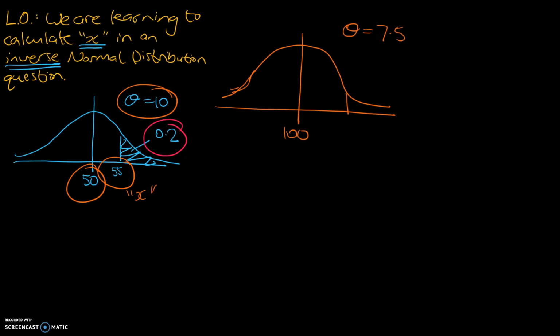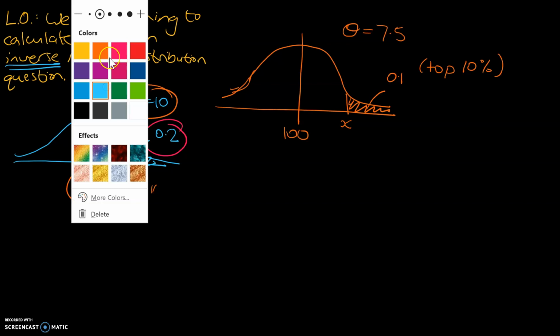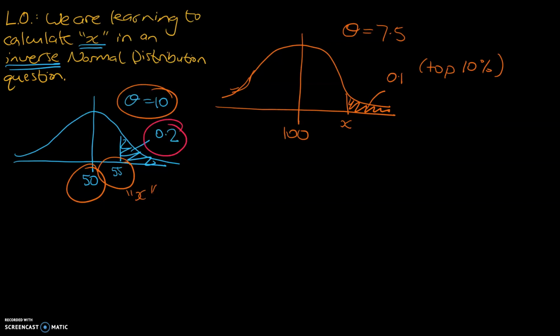We can use inverse probability skills to calculate for which value would the top 10% of individuals lie. So in our case, we've been given a probability and we're working backwards to find x.